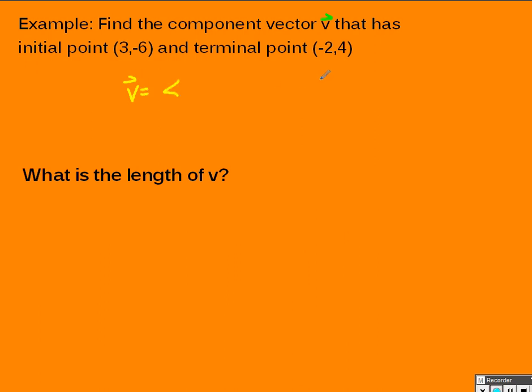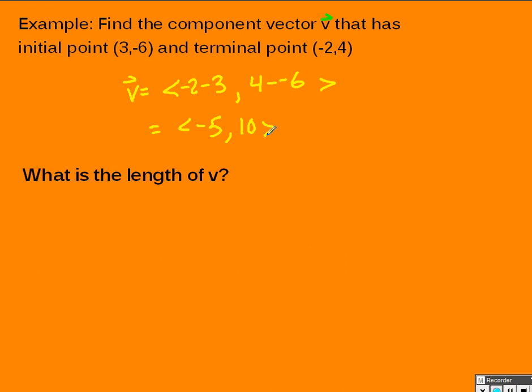We use these arrow brackets to represent it as a vector, and all we do is subtract the x values first, so final minus initial, and final minus initial for the y values. Back when we did slope, it didn't matter if we went this being 1 and this being 2 or vice versa, because the slope would cancel it out. You need to make sure you do final minus initial. So your vector here is -5, 10.